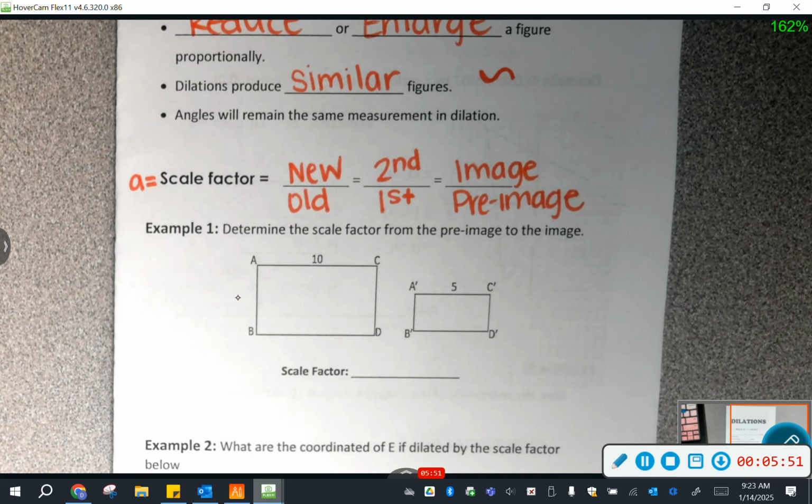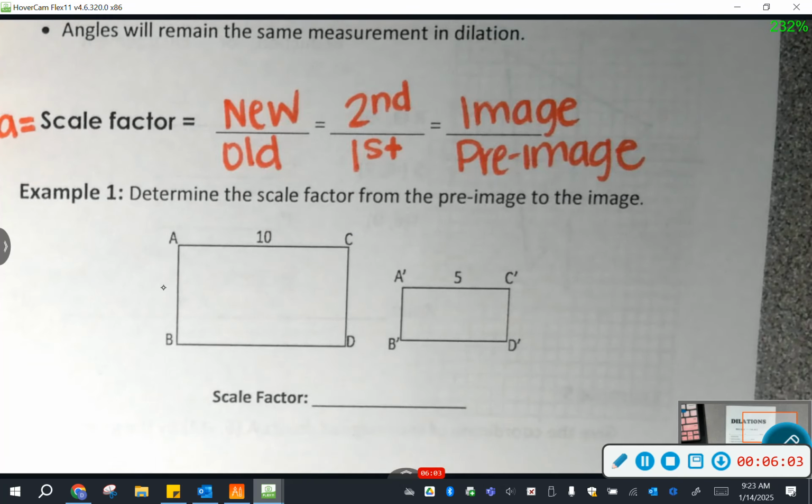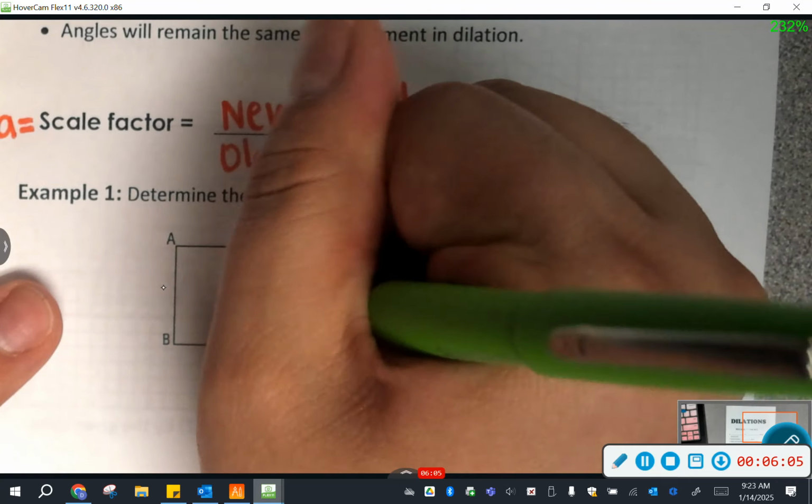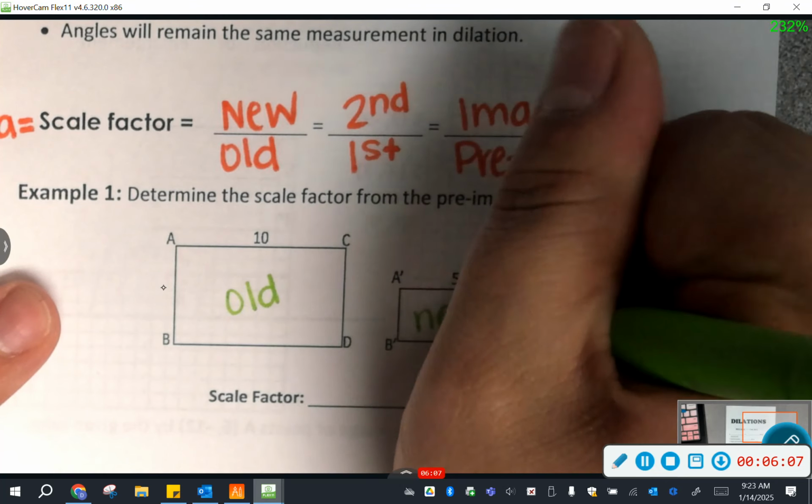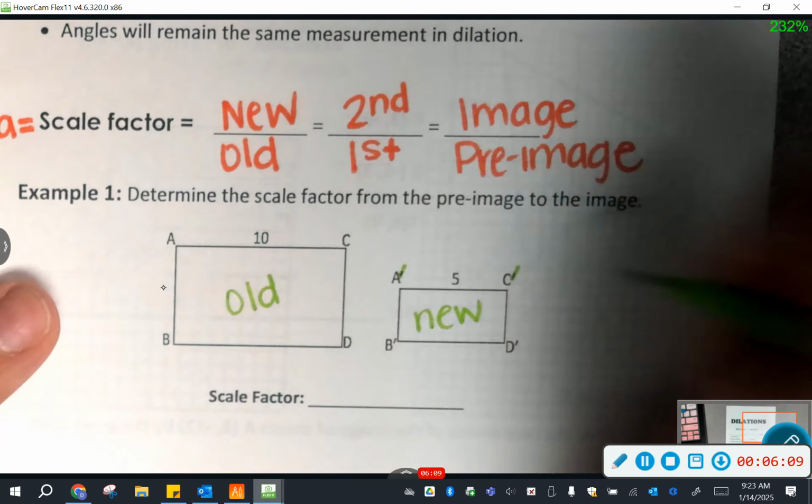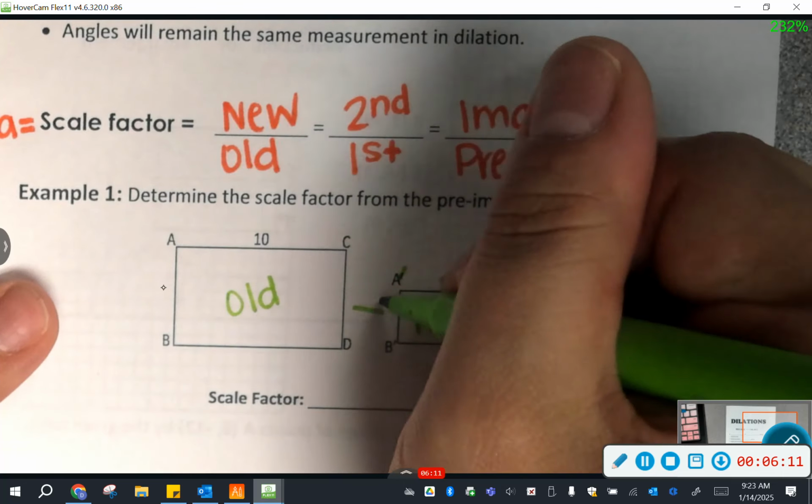So let's look at example 1. Example 1 says determine the scale factor from the pre-image to the image. Which one is my old? Which one is my new? The left is old. How do you know? Because it doesn't have any of these primes. So I'm also going to draw an arrow from here to here.